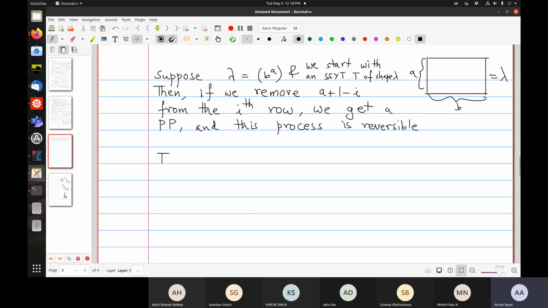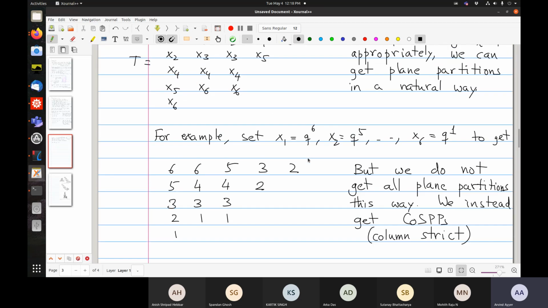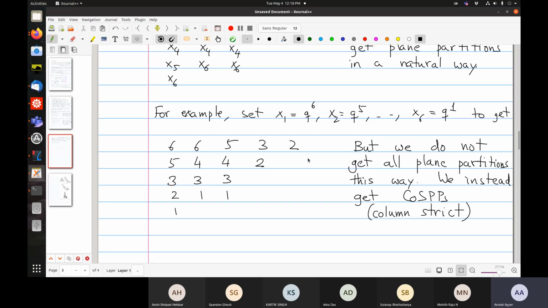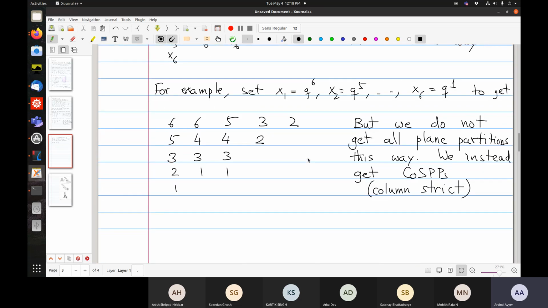So thus the generating function of, let me see, yeah, let me write that also.